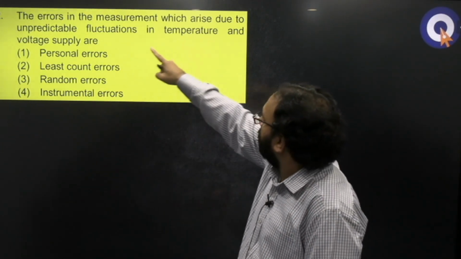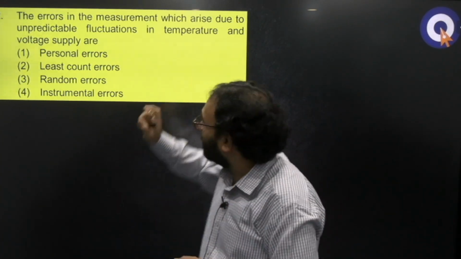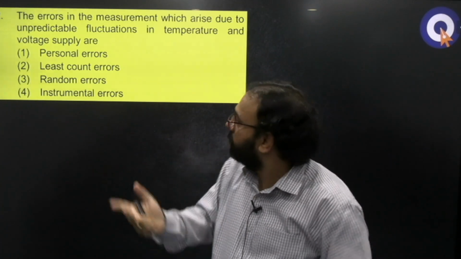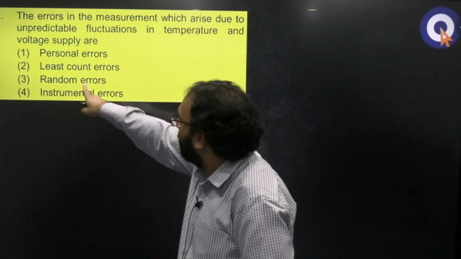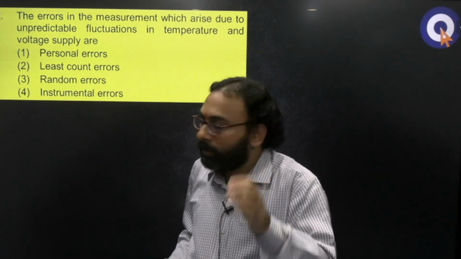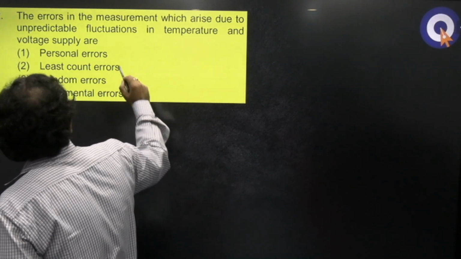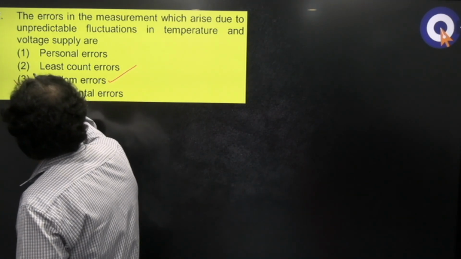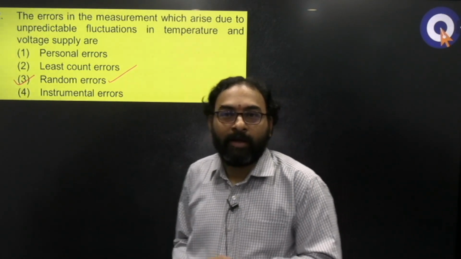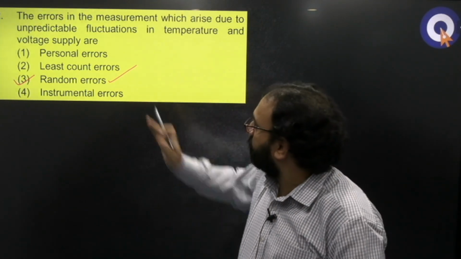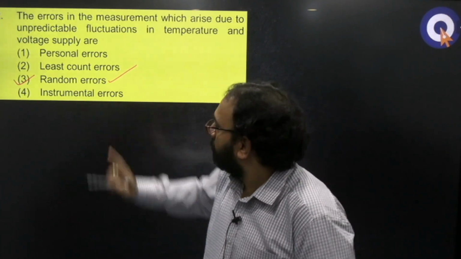Not only temperature, not only the voltage supply, any kind of error which arises in any kind of measurement which is unpredictable comes under random error. This is a conceptual question and the answer is random error. So do remember, random errors are the errors under which the unpredictable errors come.